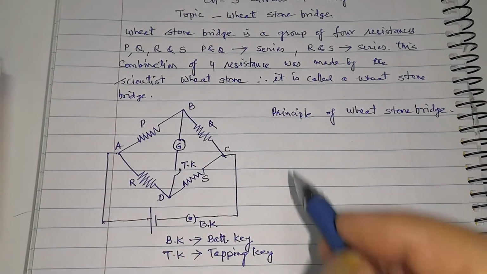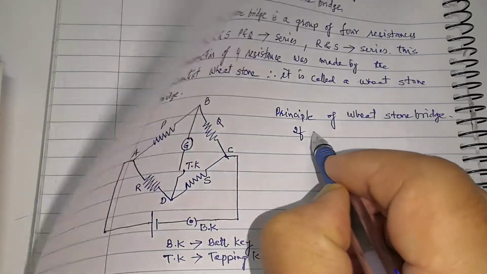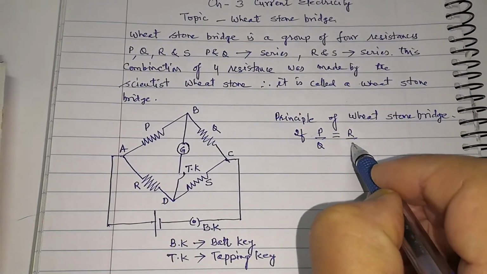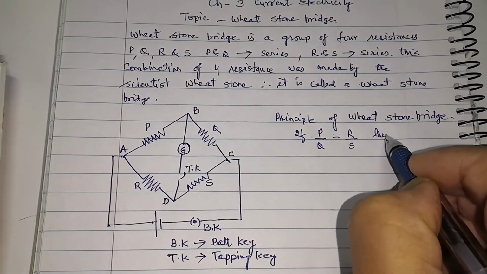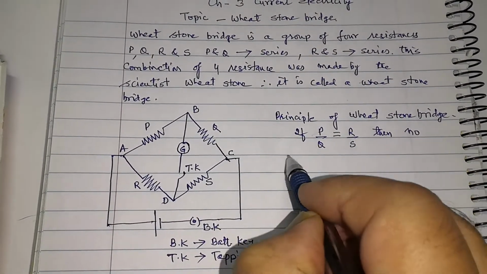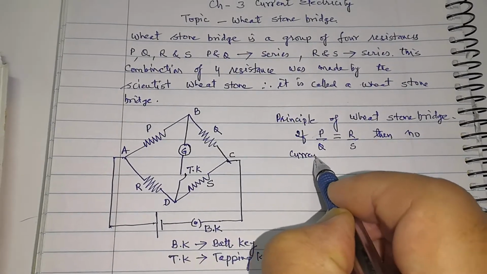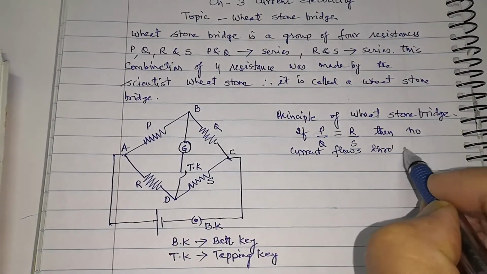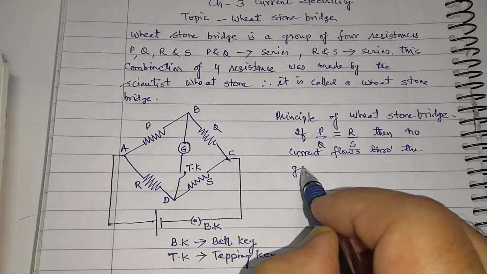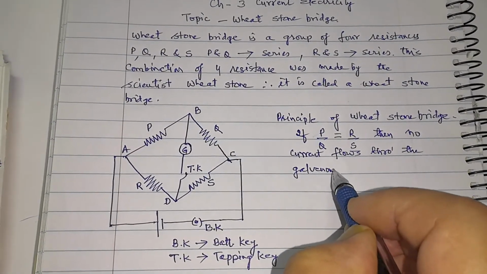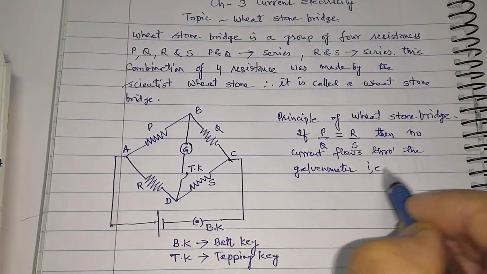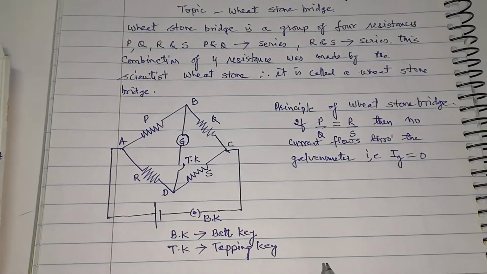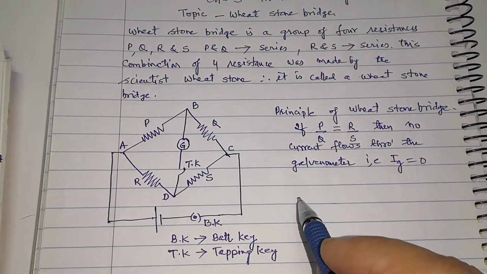Now it states that if P by Q equal to R by S, then no current flows through the galvanometer. That is, in this case, the current Ig is 0 and the bridge is said to be balanced.